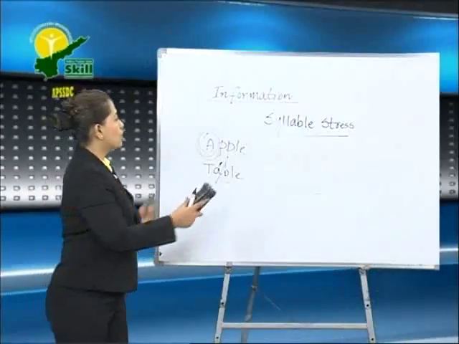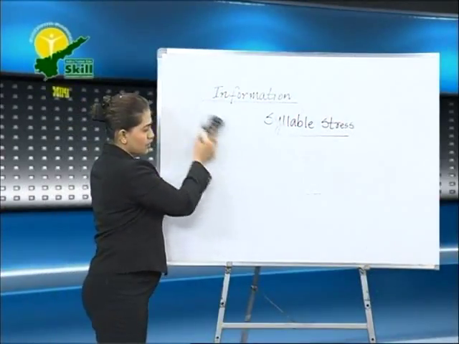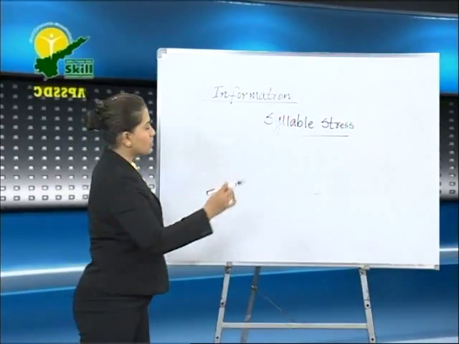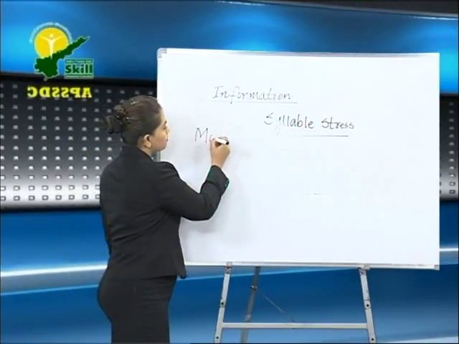So, understand there are different kinds of words by syllables: monosyllabic words, bisyllabic words and multisyllabic words. When I say monosyllabic words, let me make a note of it for your benefit. You can look it up to get more information.